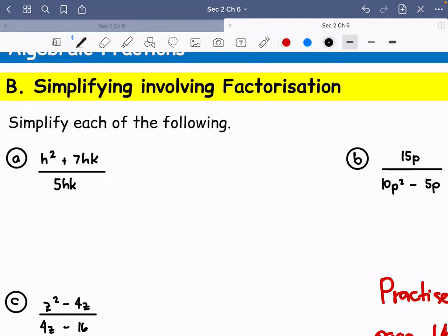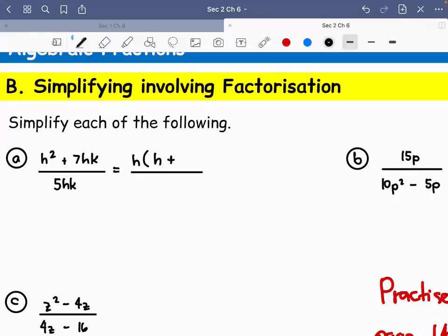Okay, now let's factorize the numerator. Your common factor here is h for both terms, right? Next is to divide each term by your common factor. h squared divided by h, you will get h.